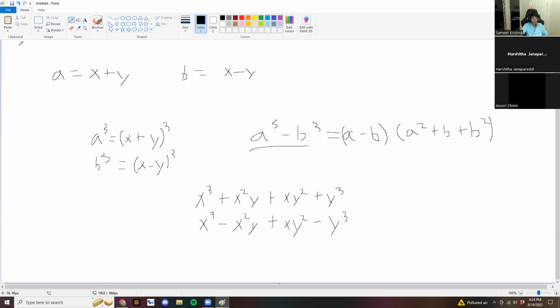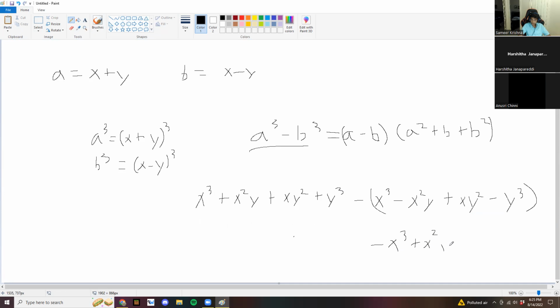So I'm going to write this out differently now. Minus parentheses, so it'd be negative x cubed plus x squared y plus x y squared plus y cubed.